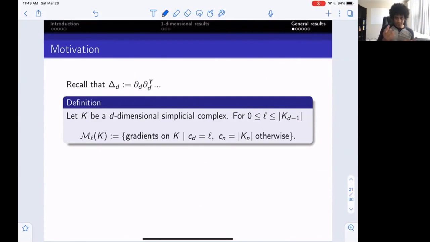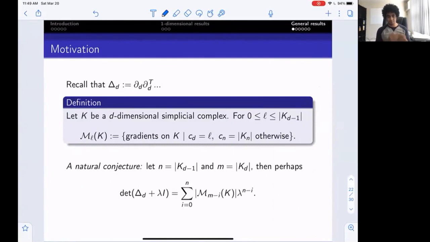Given a formulation like this, wouldn't it be natural to think maybe it's literally the same statement, phrased the exact same way? Maybe this exact statement is the characteristic polynomial. We tested this with Sage, and we found that it worked for quite a lot of complexes, but then we found ones where it didn't work. And to explain why they didn't work, I will need to delve into rooted forests in higher dimensions.